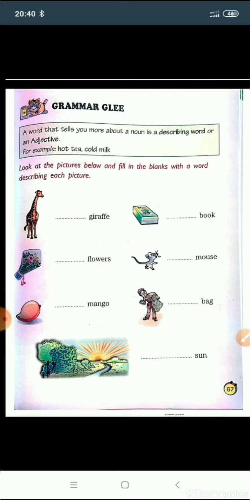When I say green parrot, here green is the describing word which describes the word parrot. When I say round ball, here round is the describing word or adjective which describes the ball. How is the ball? Ball is round. It is describing the shape of the ball. Green parrot, it is describing the color of the parrot.